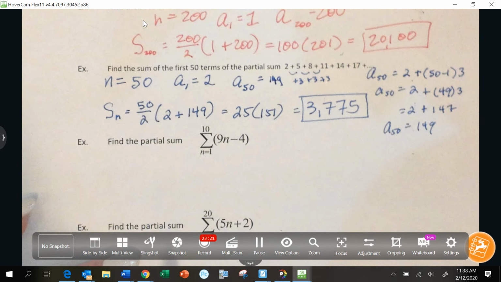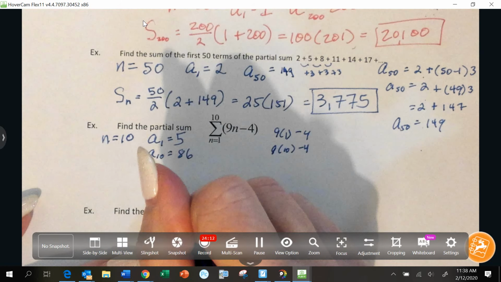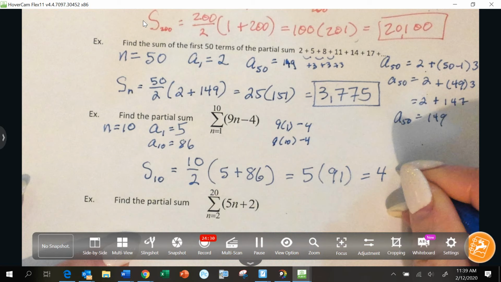So we do 9 times 10 minus 4 is 86. Multiply that by first term 5 plus last term 86. So 5 times 91 is 455.